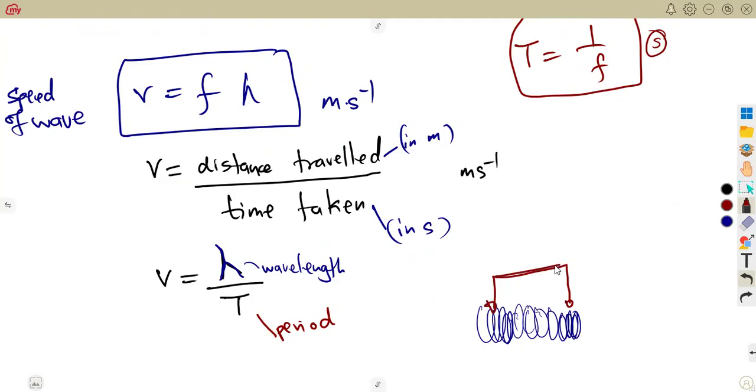The distance in between becomes your wavelength. Or it can be from a rarefaction to another rarefaction. So you must be careful how to take it out, especially when you are given a diagram.